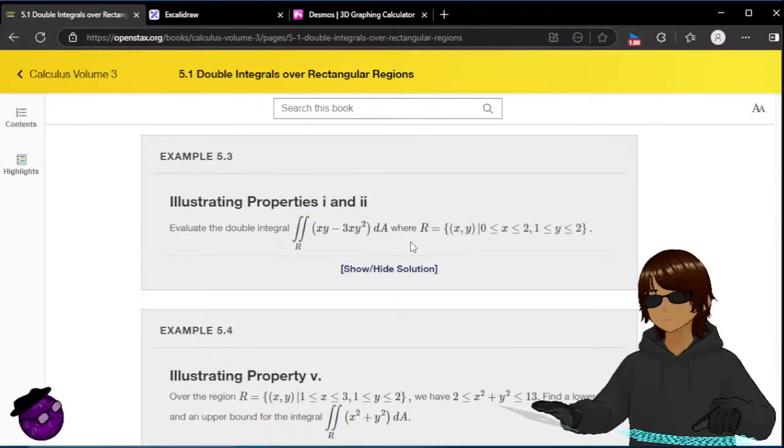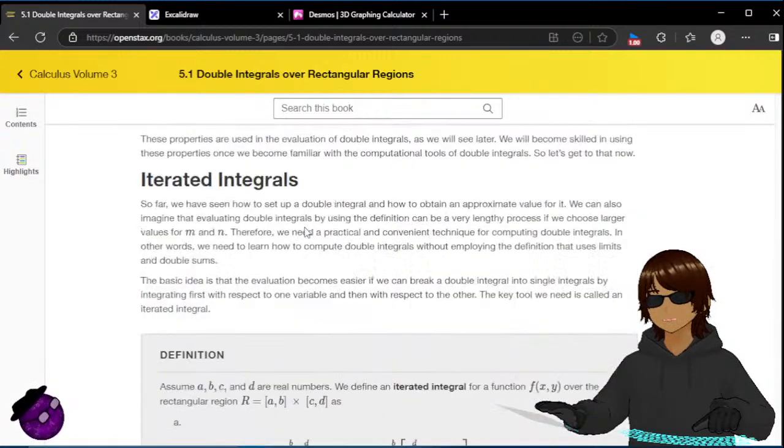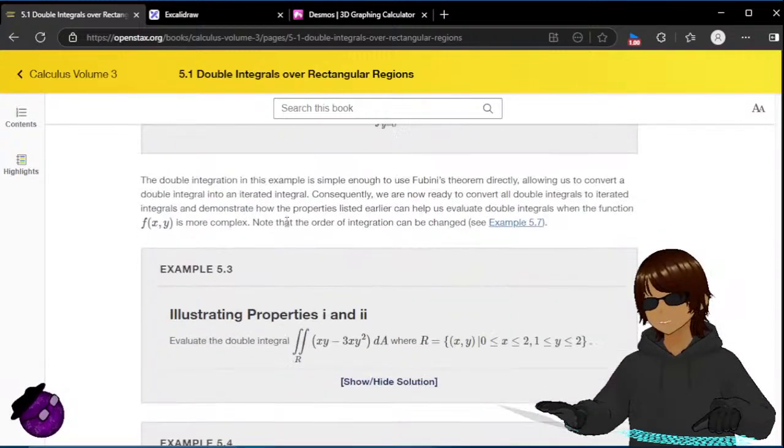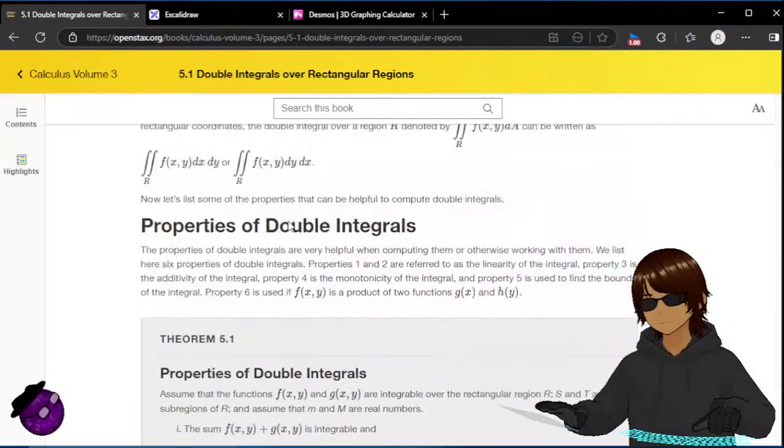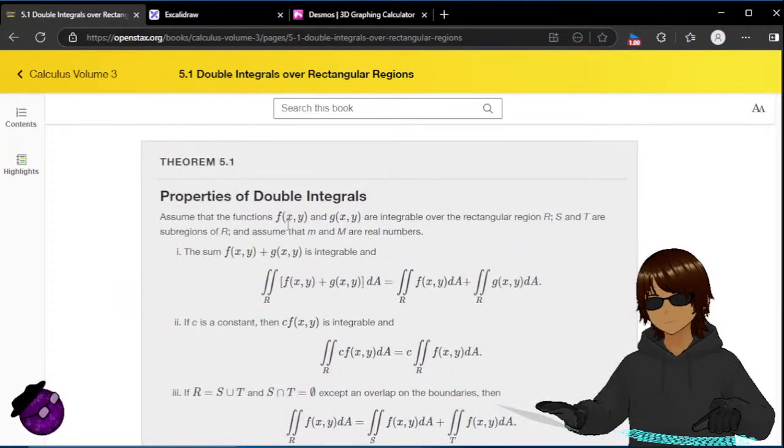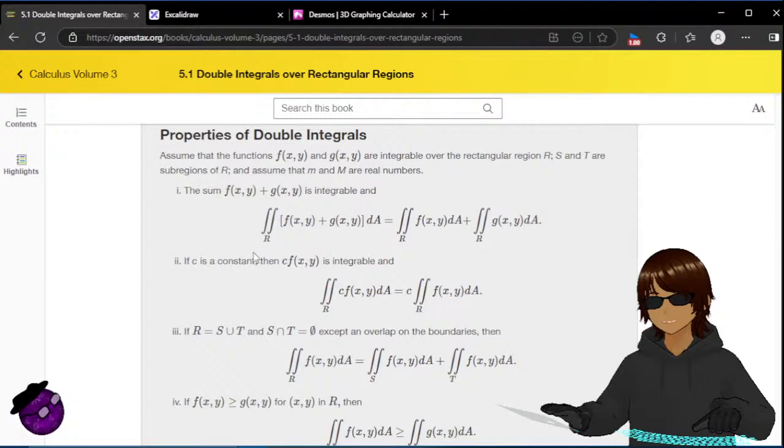Evaluate the double integral where R is in this region. So dA, what properties did this say? 1 and 2. Sum and constant property.